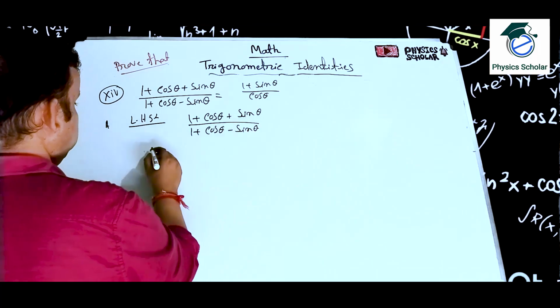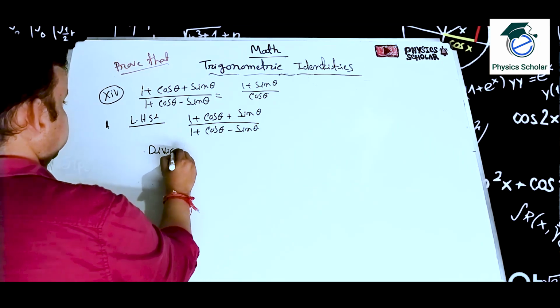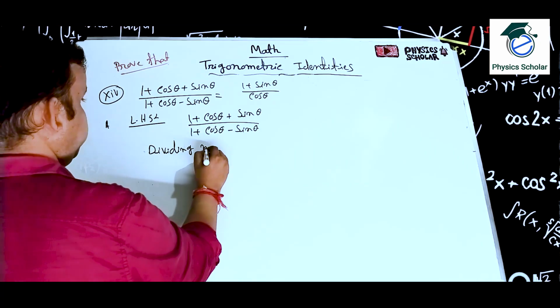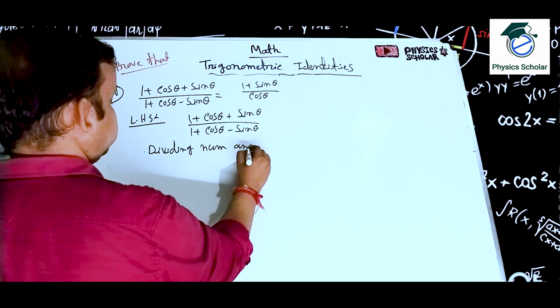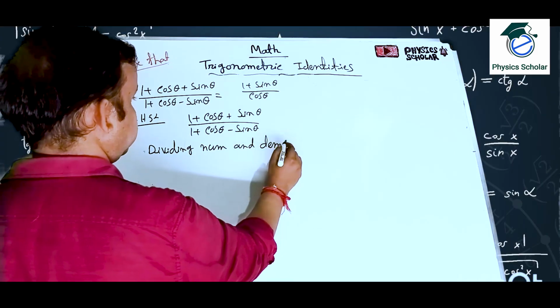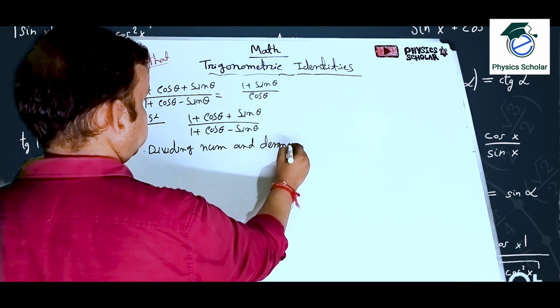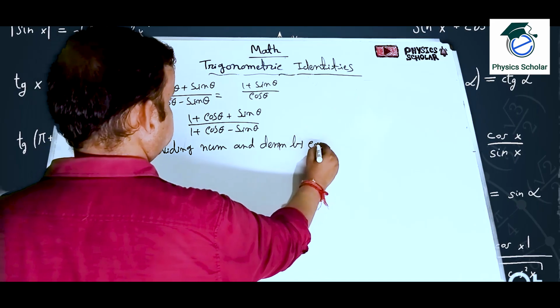Okay, so now dividing numerator and denominator by cos theta.